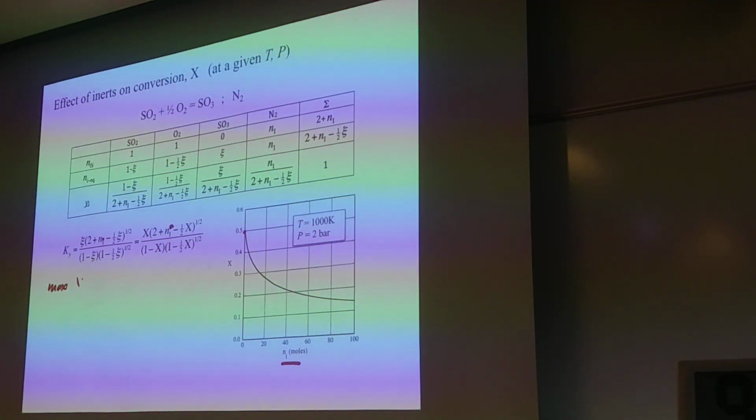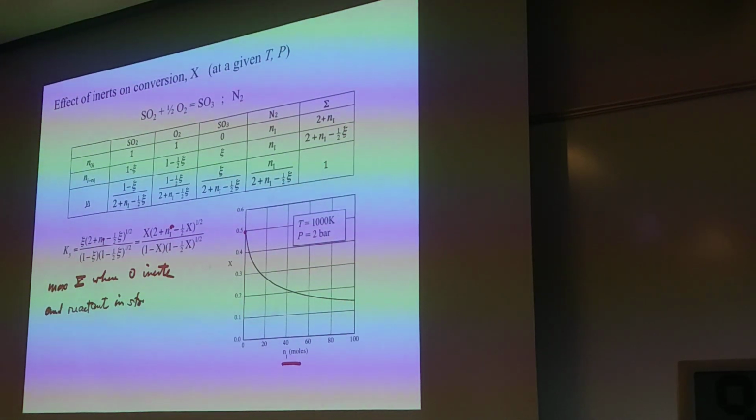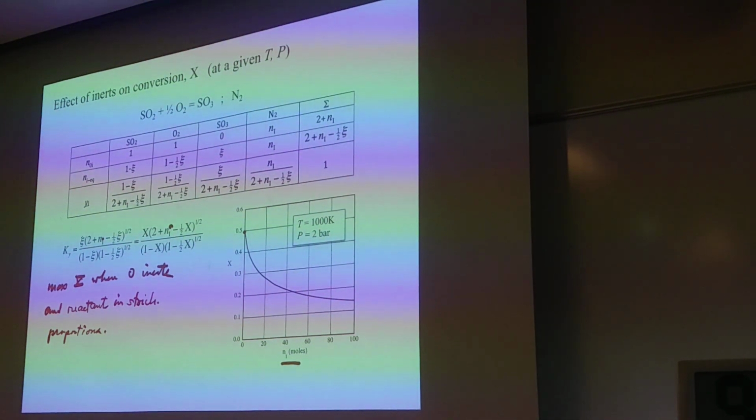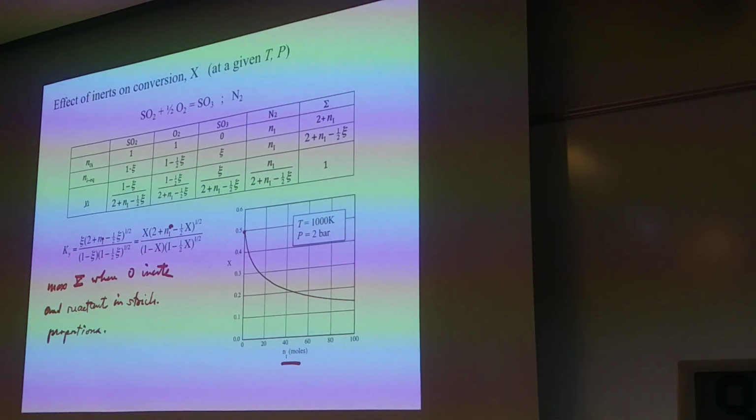So we get a max X when we have 0 inerts, and reactants in stoichiometric proportions. Which is perhaps self-evident, but you can show that.